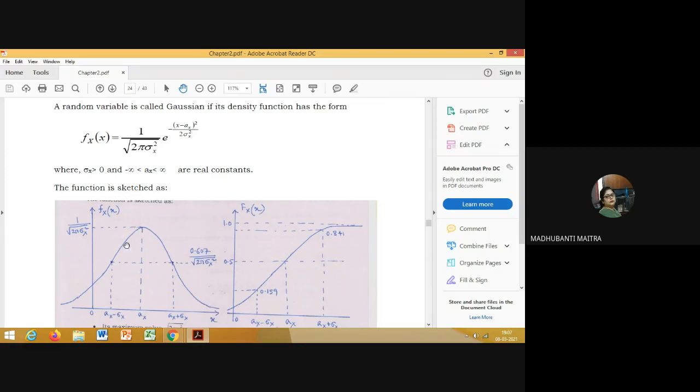This is called a Gaussian distribution function, and under certain assumptions, it can also be denoted as normal distribution function. At this very moment, we'll not be able to appreciate the exact meaning of a_x and sigma_x. I guess you have heard these terms, expectation or mean and standard deviation or variance.